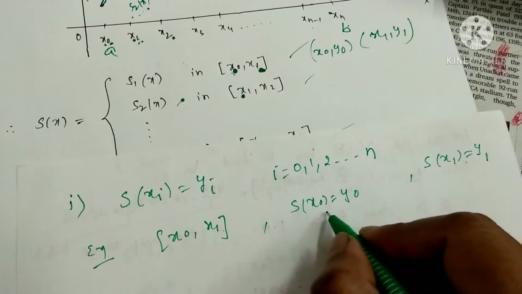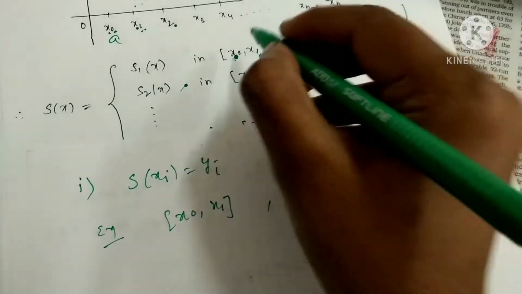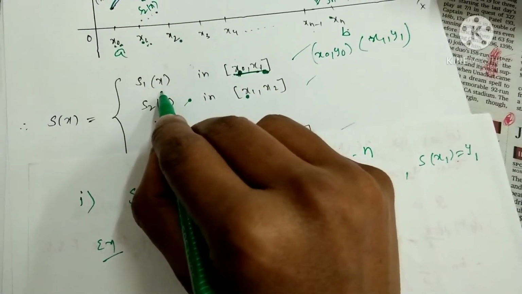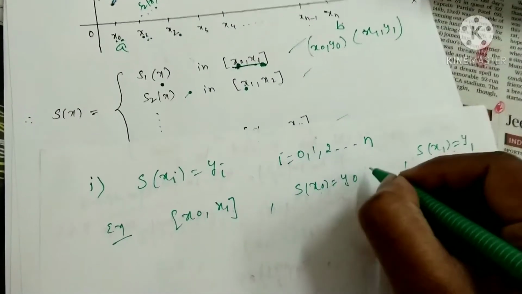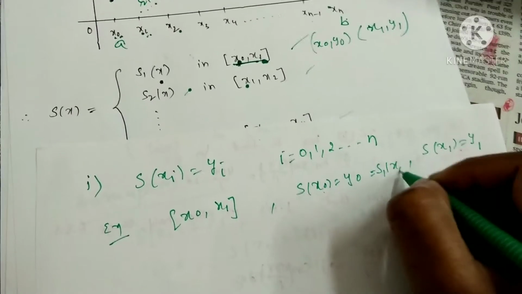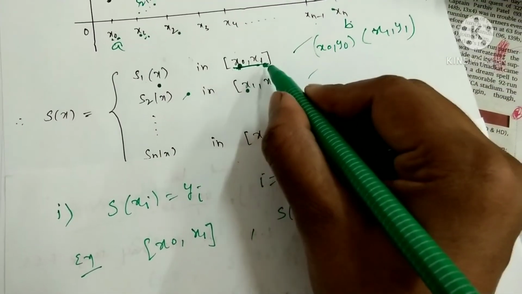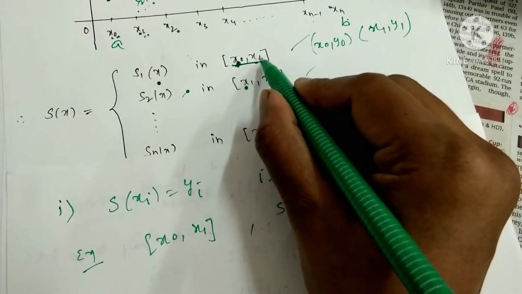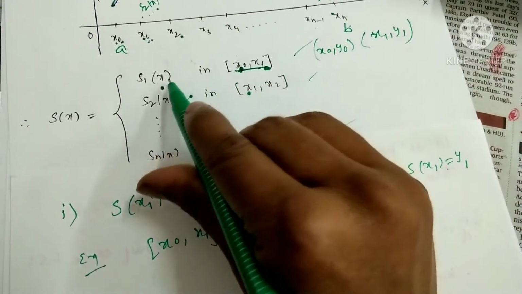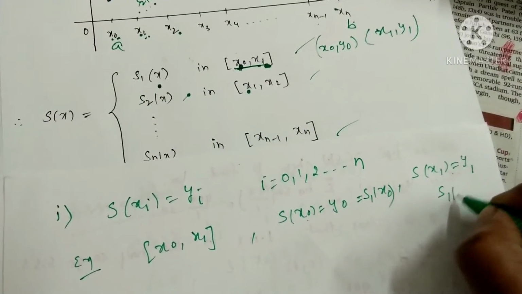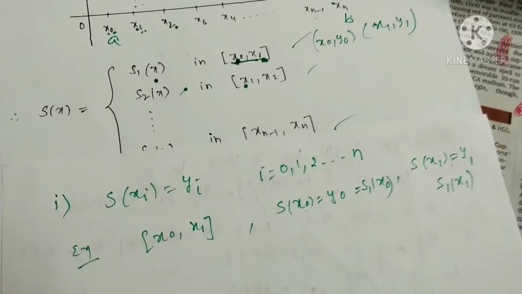Then what is our s of x0? x0 is in the first subinterval. In this interval, s of x is equivalent to s1 of x, so it is obtained from s1 of x0. Similarly, s of x1 equals y1, again in the first subinterval, so s of x should be taken as s1 of x. So it must be equivalent to s1 of x1.